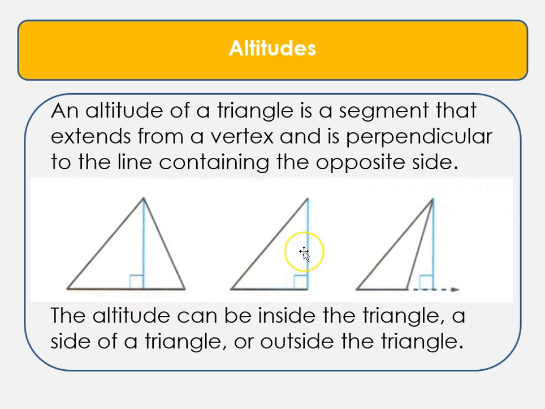In the second triangle, it's a 90-degree triangle, so the altitude is actually the height of that triangle. And in the third, the obtuse triangle, there's no way to drop an altitude from a vertex inside, so we drop that altitude outside. So the altitudes can be inside, to the side, or outside of the triangle.